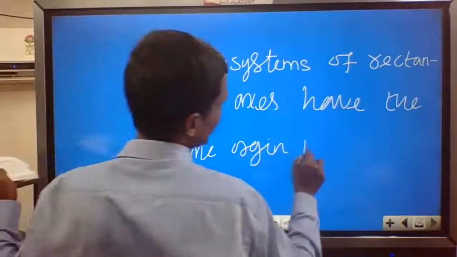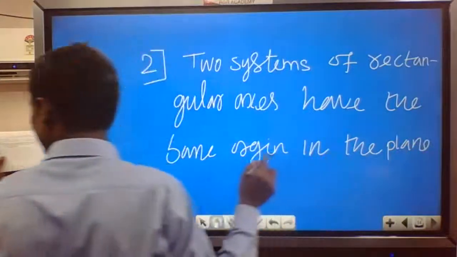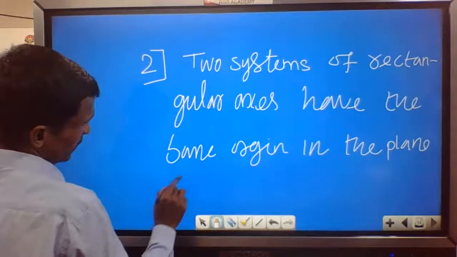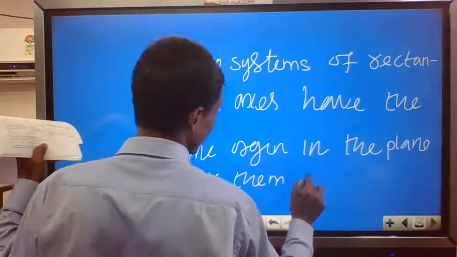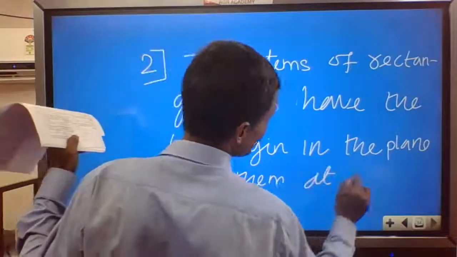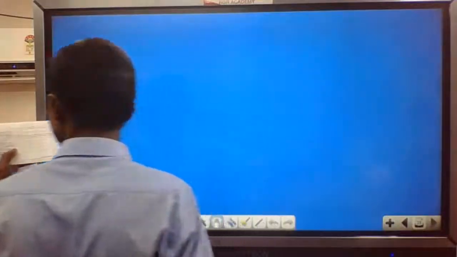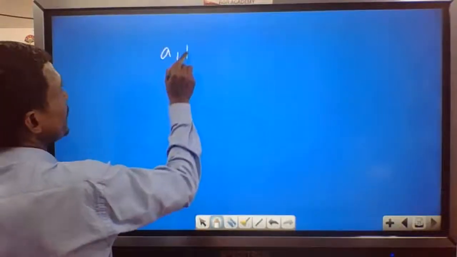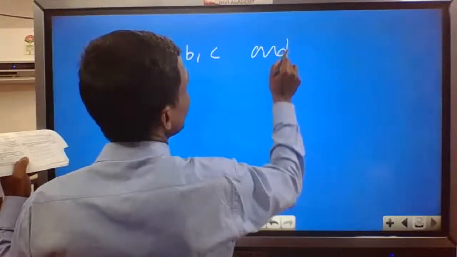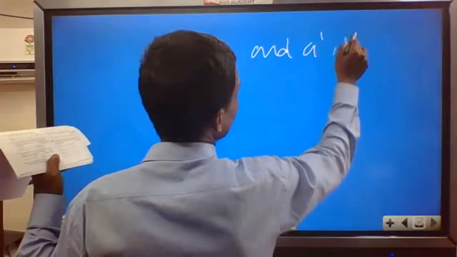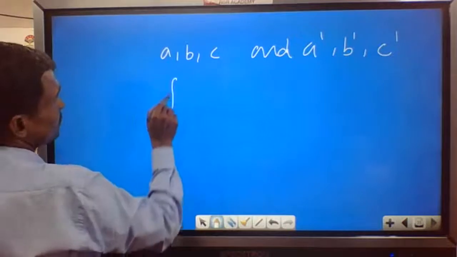A plane cuts them at distances A, B, C and A prime, B prime, C prime from the origin.